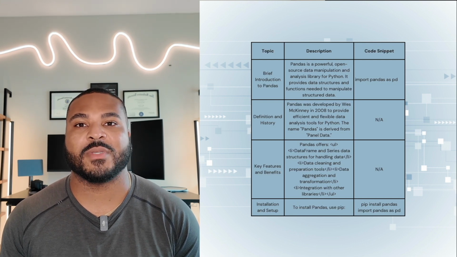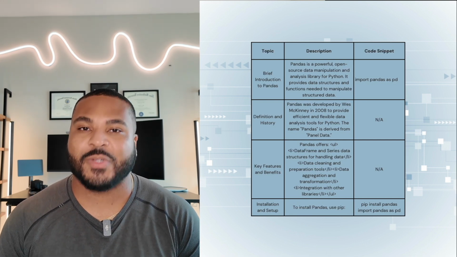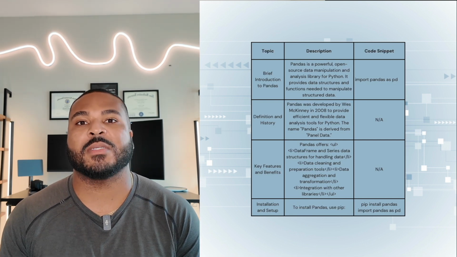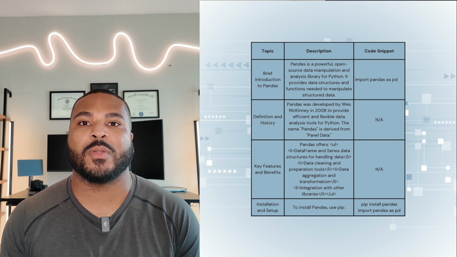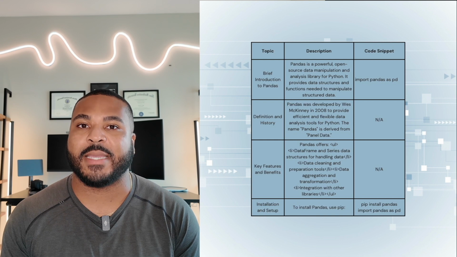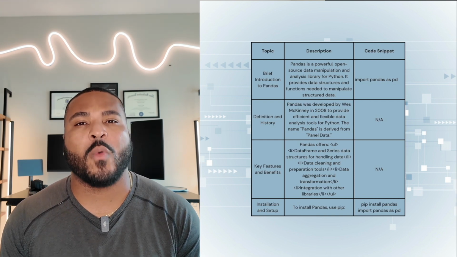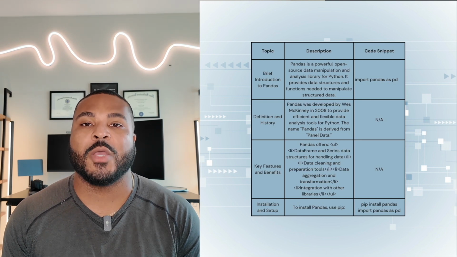Pandas offers several key features and benefits. Let's go over them. So regarding data structures, we have a DataFrame, which is a two-dimensional, size-mutable, and potentially heterogeneous tabular data structure with labeled axes, which are rows and columns, and also a Series, which is just a one-dimensional array-like structure with labeled data.